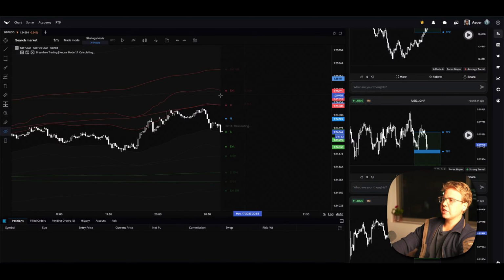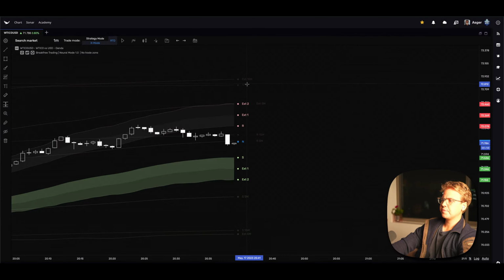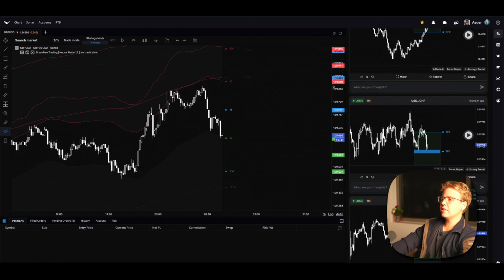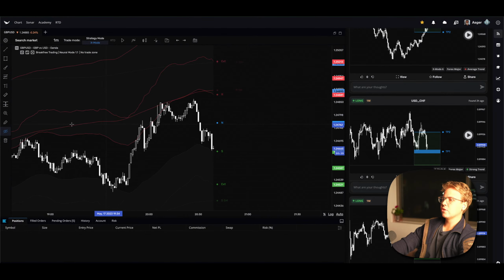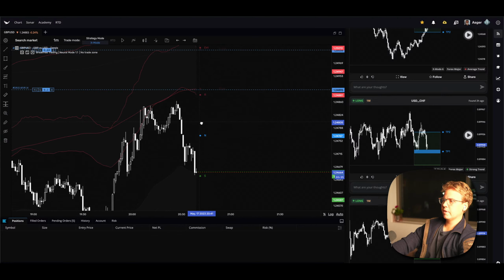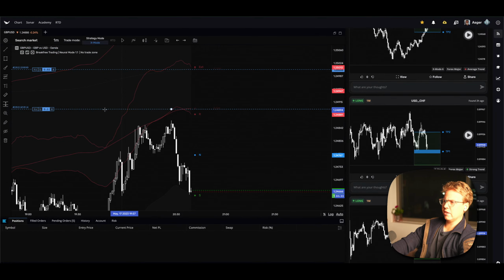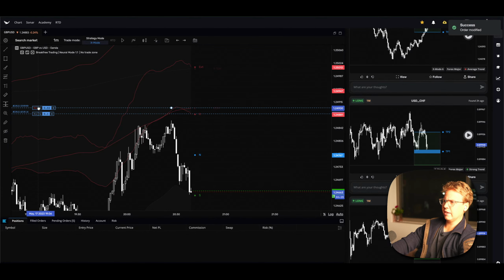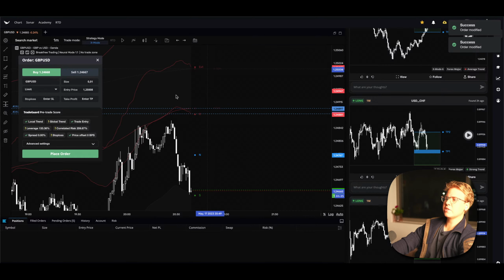Basically, by removing these layers between the bands, it becomes a lot easier to understand: I'm going to sell on this one here, then I will be selling on this one, and I will also be selling on this band up here, but there's nothing in between.